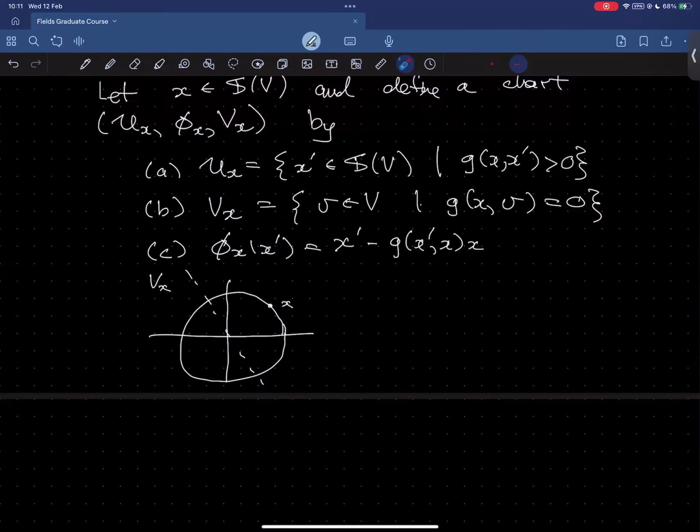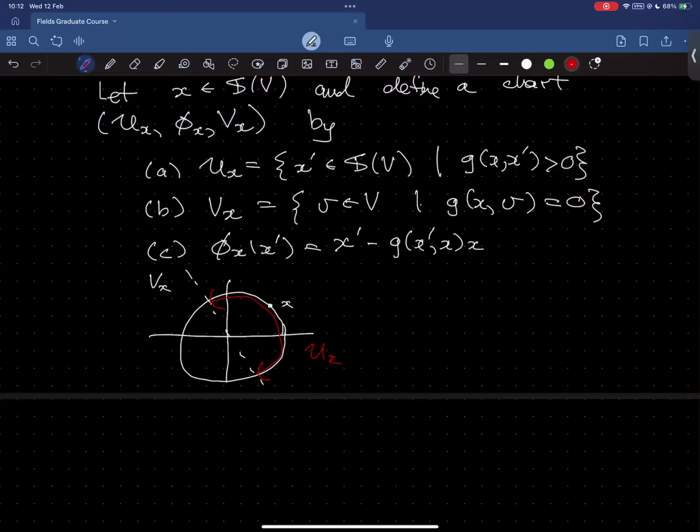So this is the line of all of the things with inner product 0 with X, and everything on this side will have positive inner product with X, and everything on this side will have negative inner product with X. And so UX is going to be the set of points on the sphere thing where the inner product is positive. Okay, does that make sense?